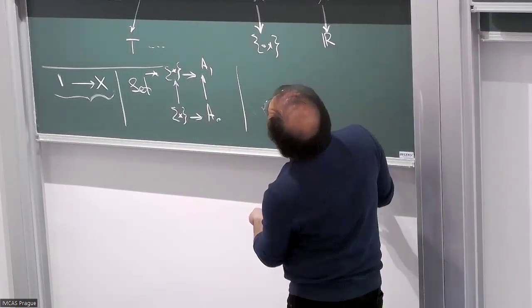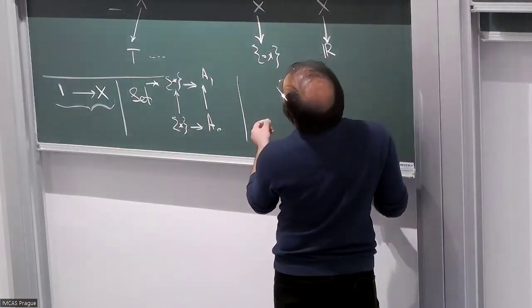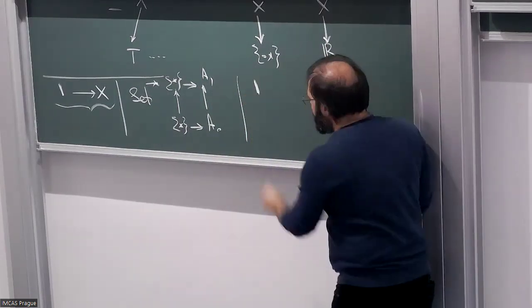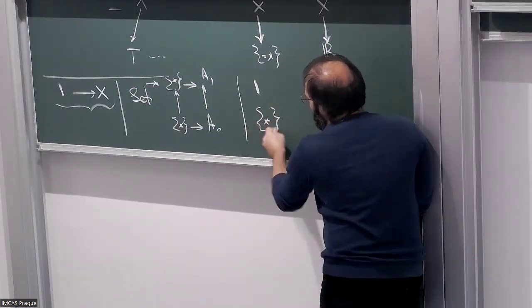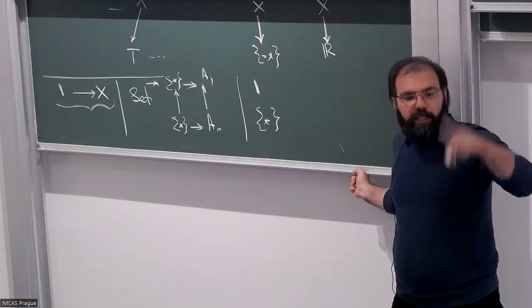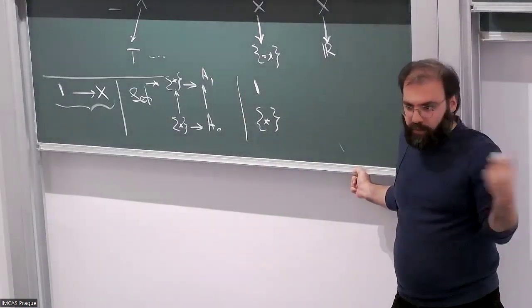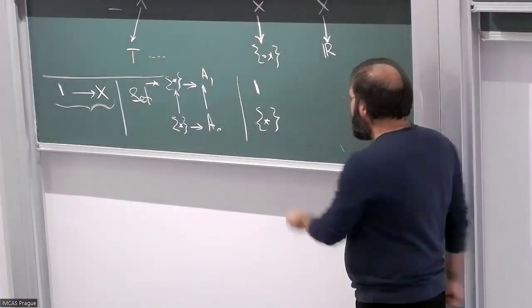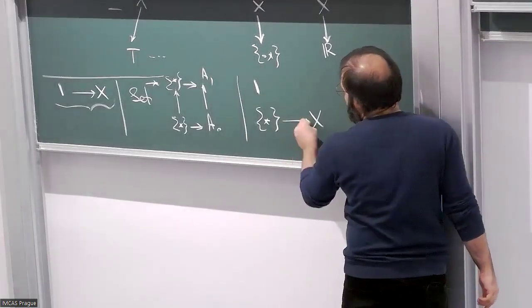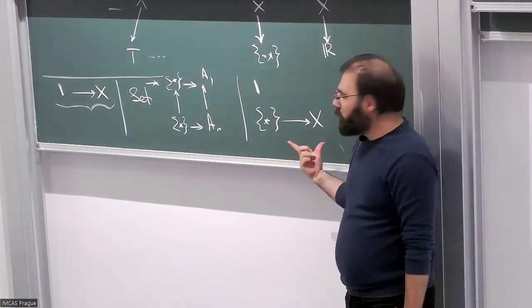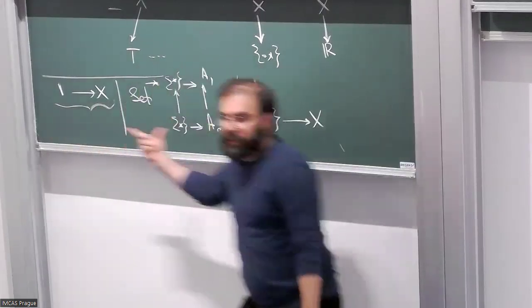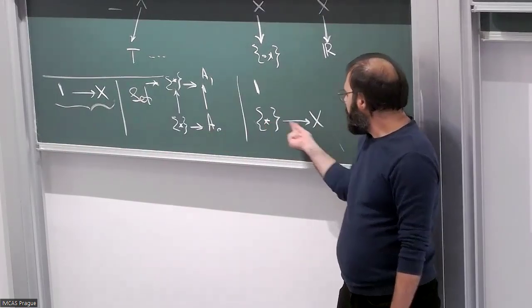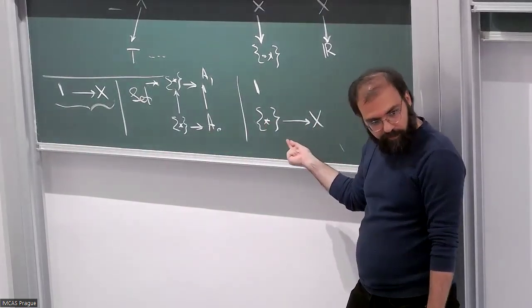The same happens, I want to explain for the set to the G guy. For the set to the G guy, 1 is exactly, again, singleton with the action, and the action should be just obvious, right? It is just singleton. G maps star, whatever. And then if you have another action, then the maps, these guys here, they would be functions that are equivariant, right?